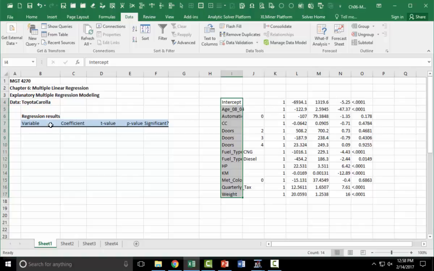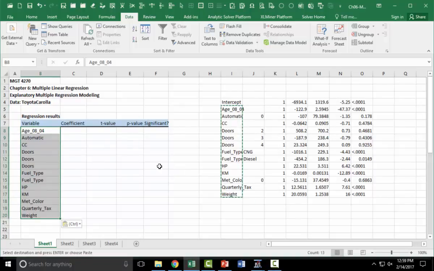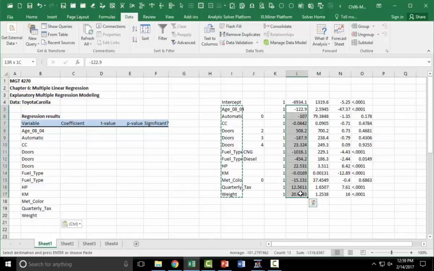So now we don't need the intercept, we need only the predictors. Okay, so those are the predictors, and let's bring in the intercept also, so you will have all the coefficients.